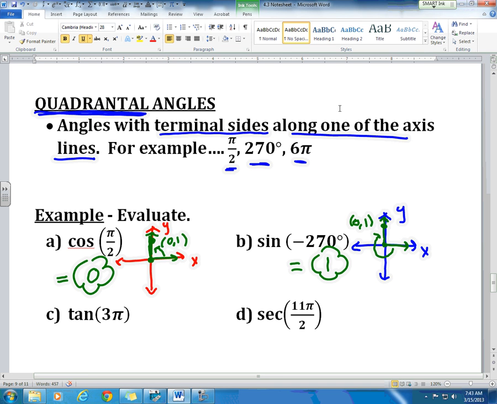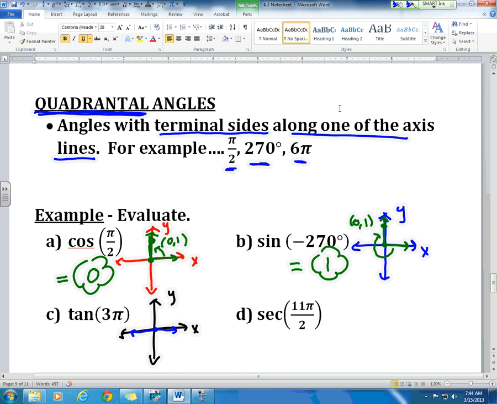The tangent of 3 pi, which is example C. We'll draw where that angle falls. Now, if we go around one full revolution, here's my initial side, one full revolution is 2 pi. So we need to go another pi, which is another half of a revolution.